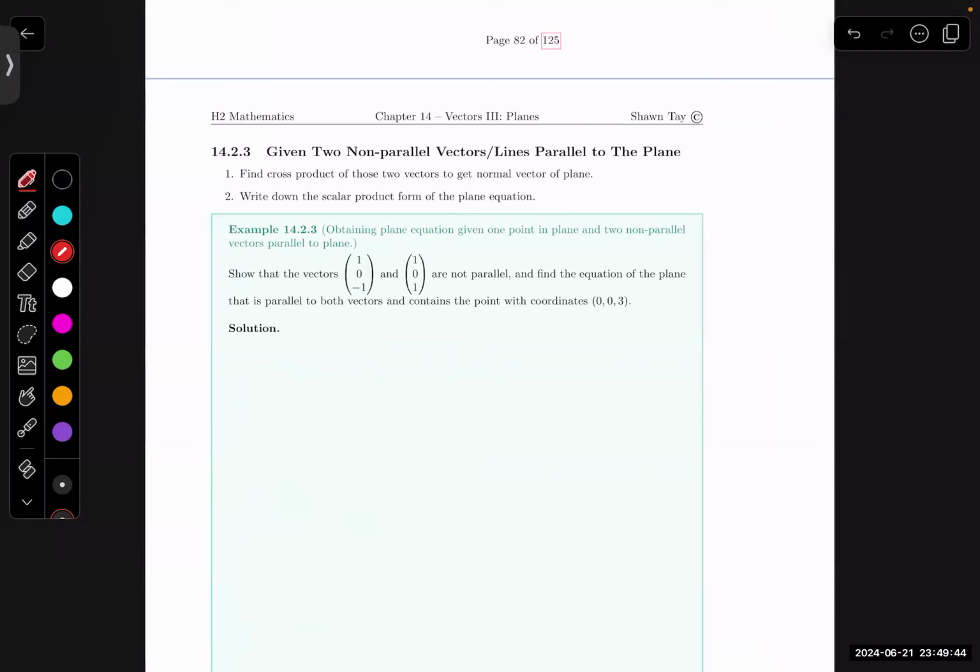Okay, given two non-parallel vectors or lines that are parallel to the plane. Okay, unfortunately, you need the point in the plane, in the plane or on the plane.